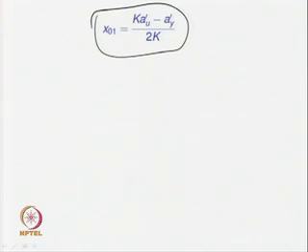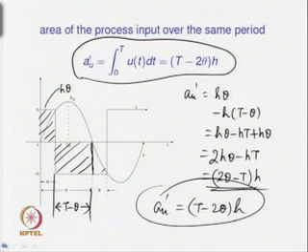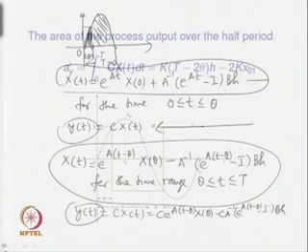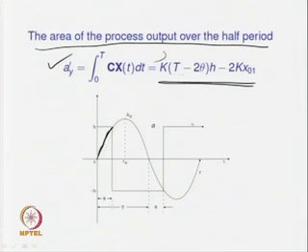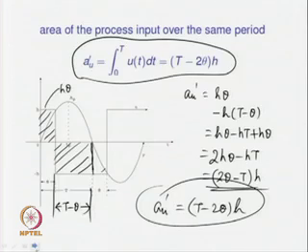Now, what information do we get from that? That can be used to get an expression of the form x 01 is equal to k times A u dash minus A y dash upon 2 k. Since you have got A u dash as h times t minus 2 theta, and A y dash is k times t minus 2 theta h minus 2 k x 01.